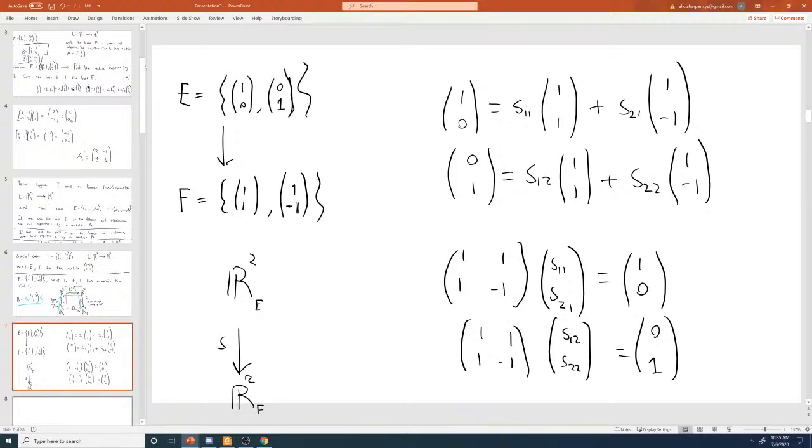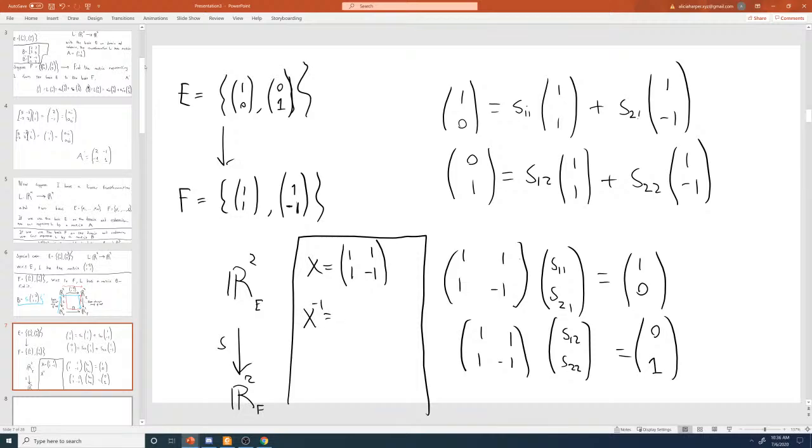So if I want to figure out what S11, S21, S12, and S22 are, the first thing I should try to do is I should try to invert this matrix. So what I'll do is I will set, for now, X to be this matrix, and I will compute its inverse.